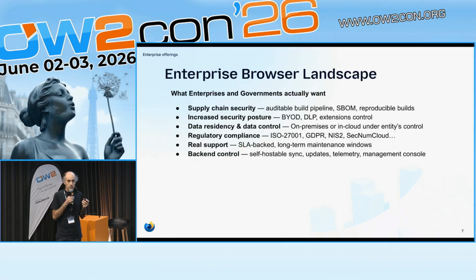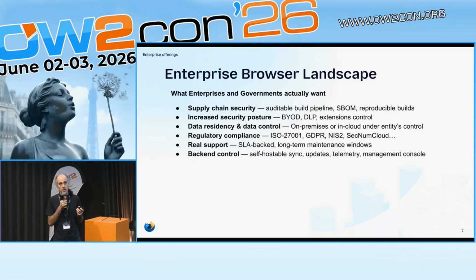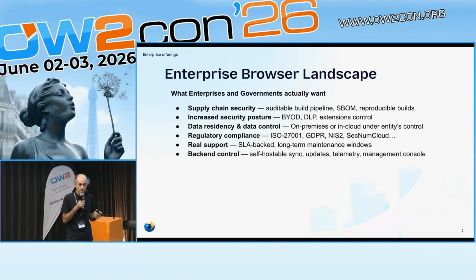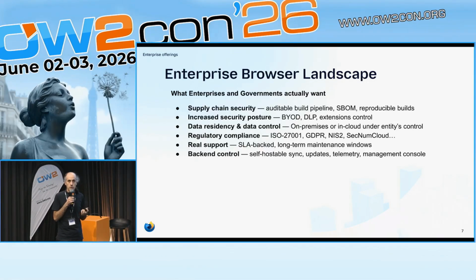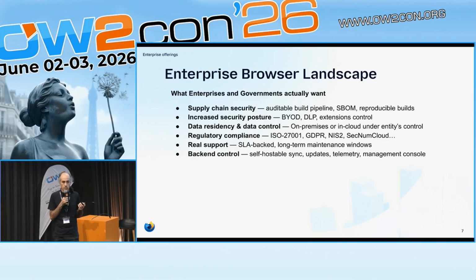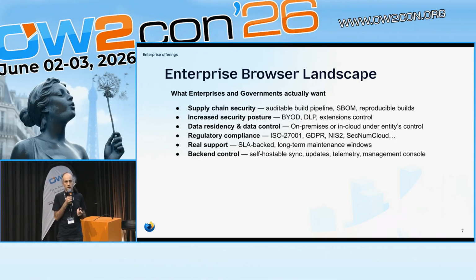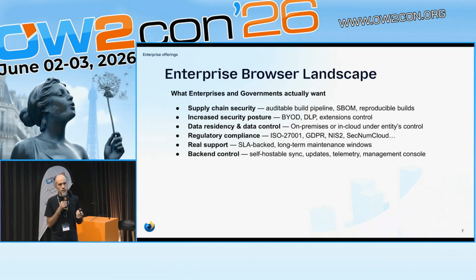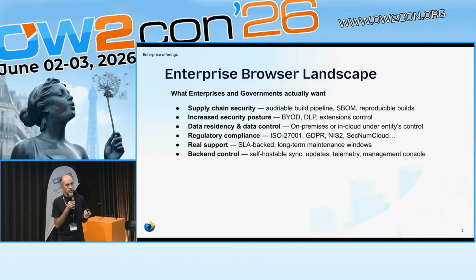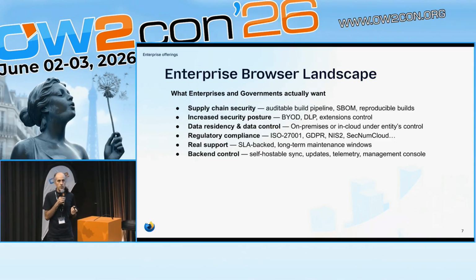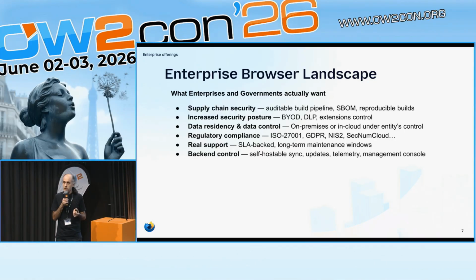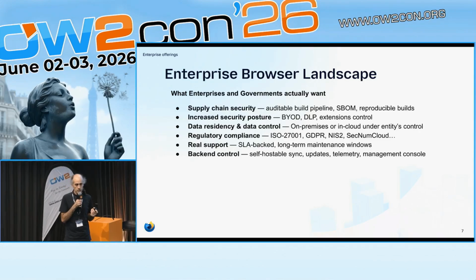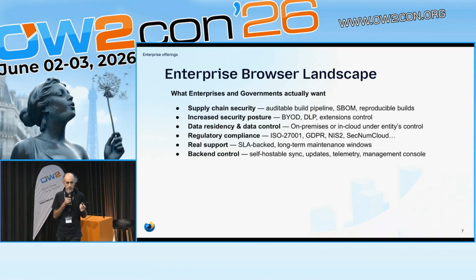What do the enterprise and the government want? They want something that is secure, especially in terms of supply chain. They want auditable pipelines. They want to be able to reproduce builds. I think that Debian started to say that for their next major release, they are going to enforce the need for reproducible builds.